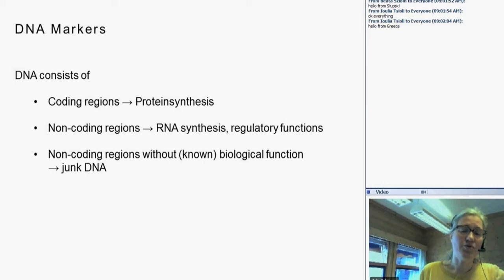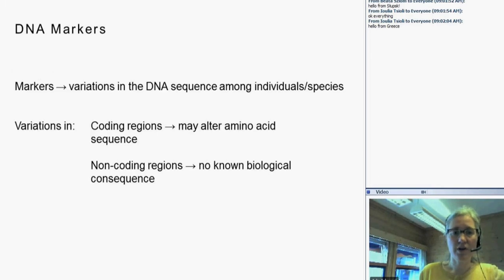And now we come to what is important for the next webinar that I'm hosting. It's called DNA markers. So what we do in genetic research is that we look at specific parts of the DNA.